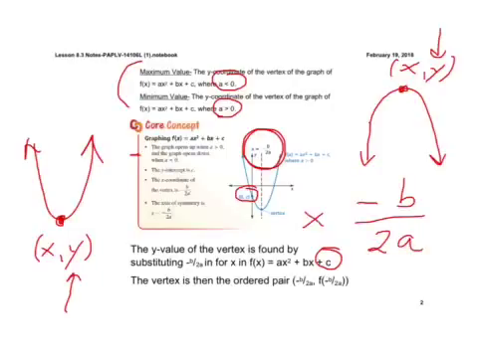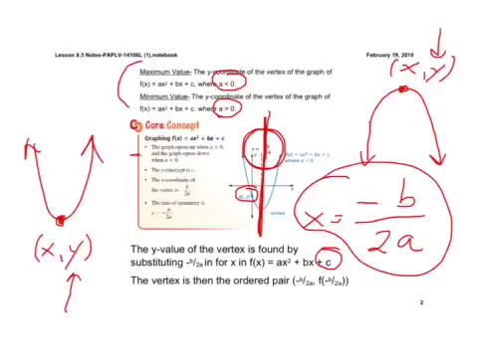And that will always equal the x value of our vertex, which would also then be the vertical line here for our axis of symmetry. All right? So, again, the most important part is that negative b over 2a is the x value of our vertex.